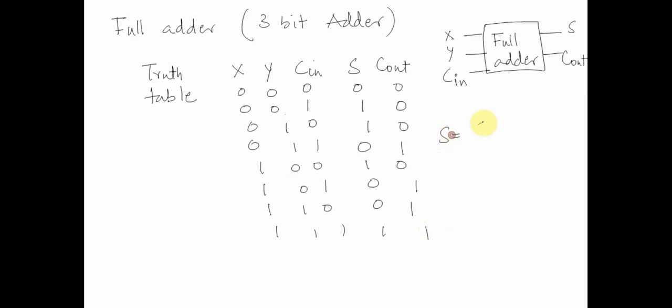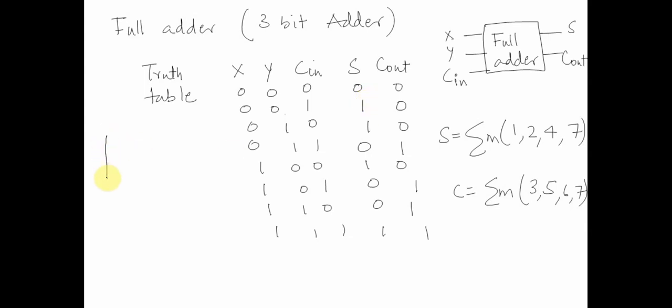Basically, sum is equal to summation of m(1, 2, 4, 7). And carry is summation m(3, 5, 6, 7). So now if we try to create a circuit out of it, do you remember something? We already spoke about a 3-input XOR gate.